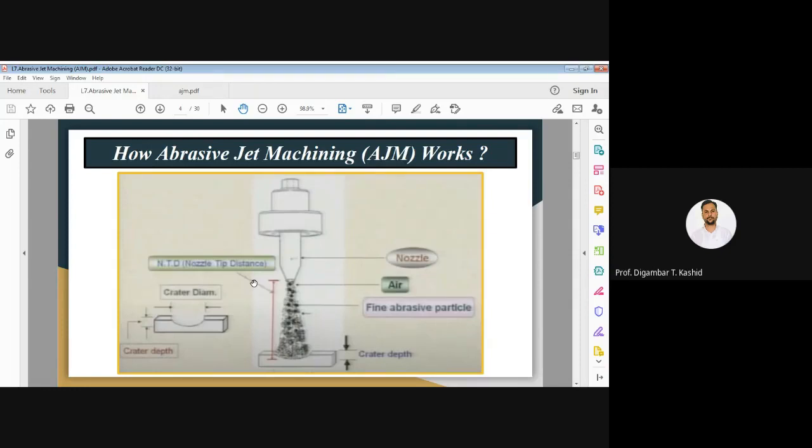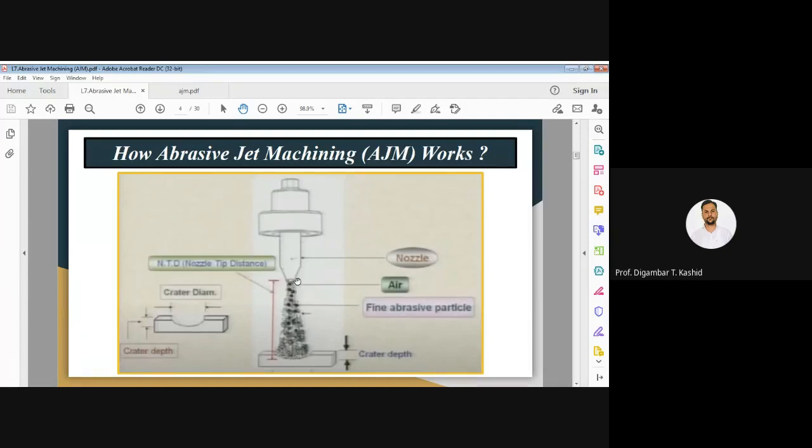In short, I will explain once again. The types of abrasive particles we are going to see in the next slide. Air or inert gas we are taking as a carrier gas, so due to that the velocity is going to increase, and in that air we are going to mix our fine abrasive particles, which come out through this nozzle having a very small diameter.